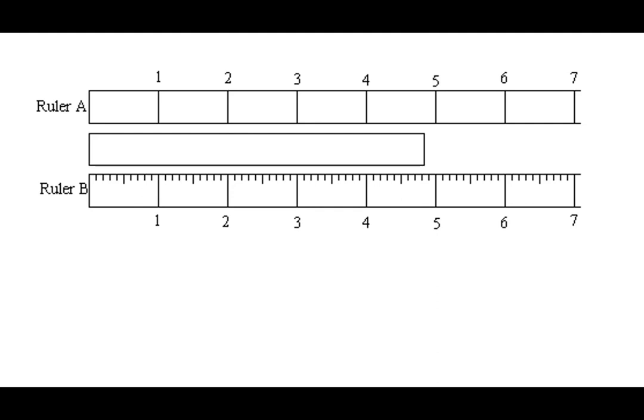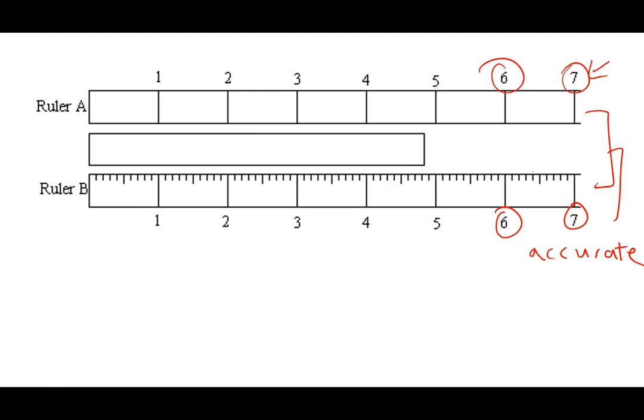Well, we would call both of these accurate. They're both accurate, which is how close something is to the true value. And so both of these are 7 centimeters. Both of these are 6 centimeters. There's nothing inaccurate about these markings right here.